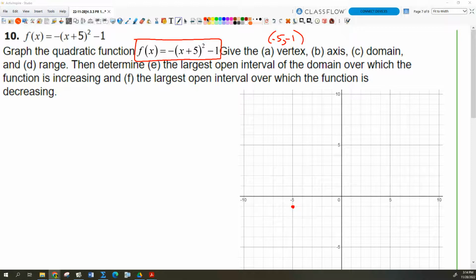What's the axis of symmetry? Well, it's an equation, though. X equals -5. Okay. So here's our axis of symmetry. Oh, that's kind of inconvenient, huh?